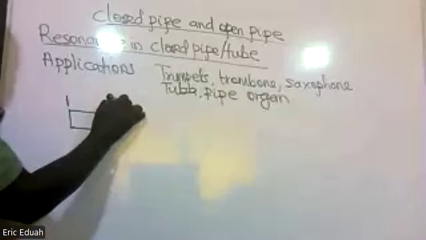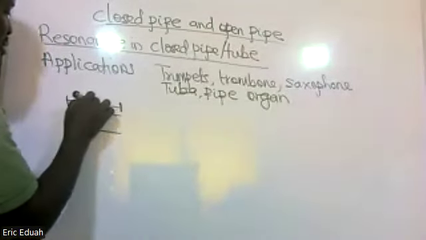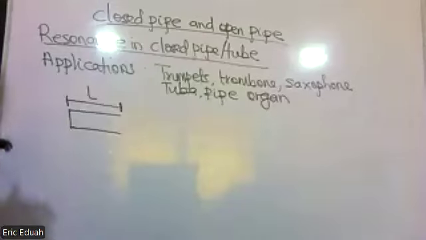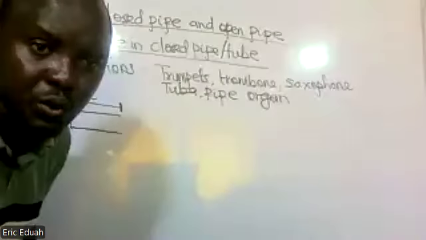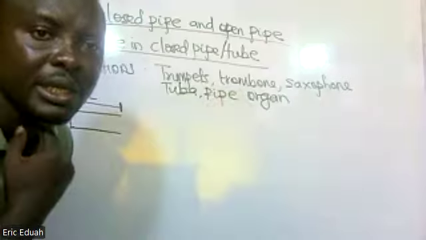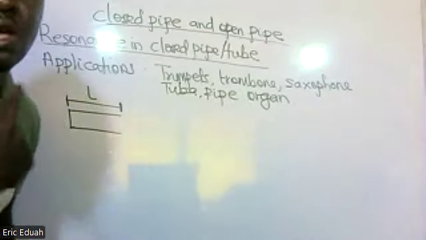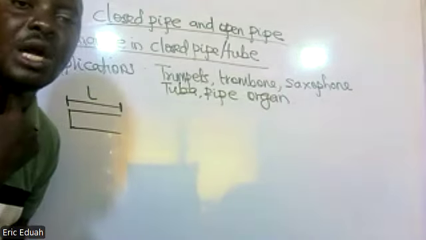So we have a pipe or tube of length L. When you blow air into it, the air blown into it responds according to the frequency of vibration of your vocal cord.